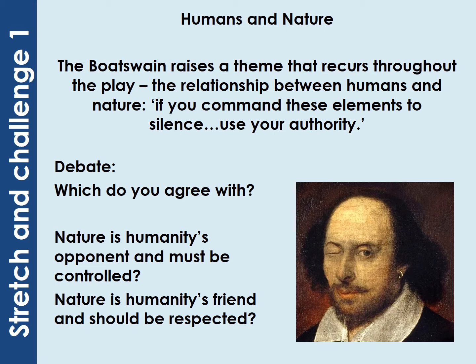So when he's being criticised by the nobleman on the ship in the storm for not steering them, according to them, properly, not helping them be more safe, he says, look, hold on, if you're the king, if you're the one with the divine power from God, if you're the ones with all the control, then by all means, use your command to silence the weather, silence the storm. Go on, use your authority.